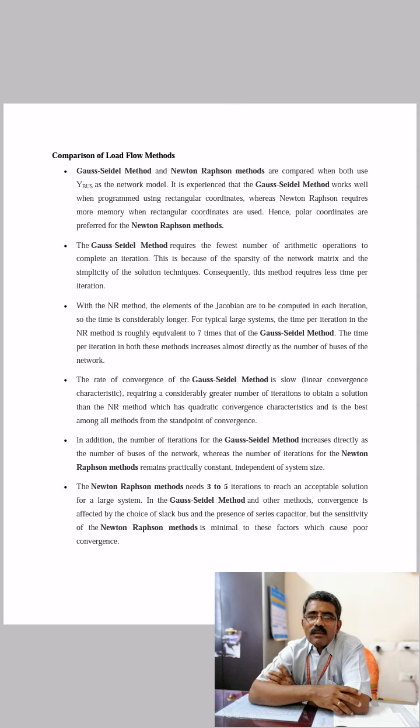Newton-Raphson method needs 3 to 5 iterations to reach an acceptable solution, whereas in Gauss-Seidel method the convergence is affected by the presence of series capacitors, and the sensitivity of Newton-Raphson method to these factors is minimal. That means Newton-Raphson is ultimately a faster method than Gauss-Seidel. Within 3 to 5 iterations you get convergence in Newton-Raphson, whereas Gauss-Seidel may take a few tens of iterations.